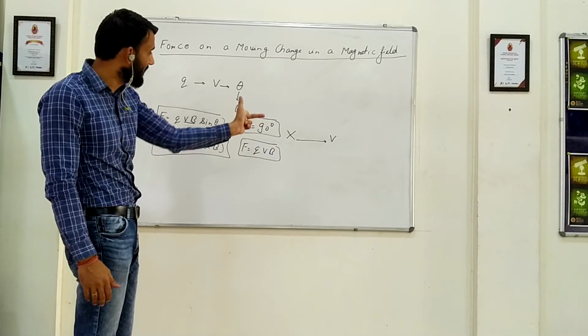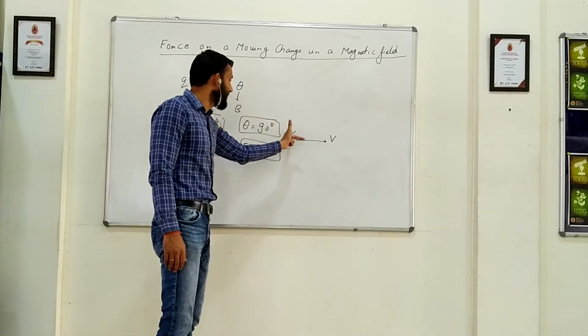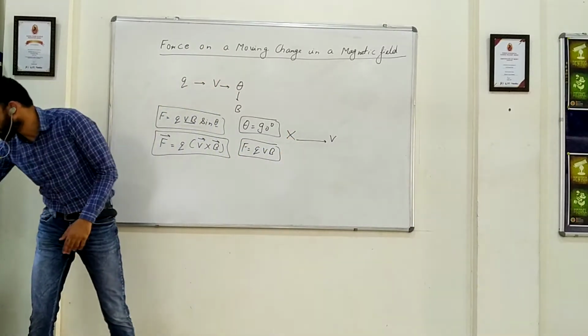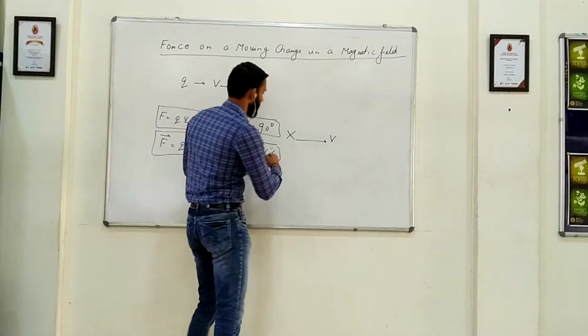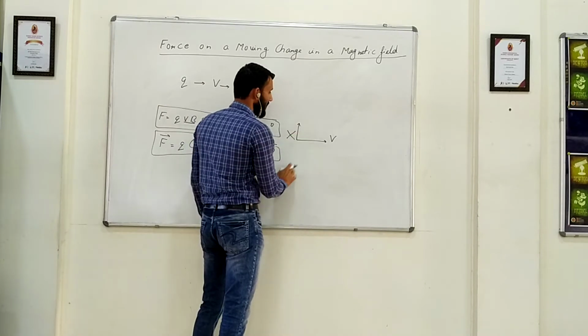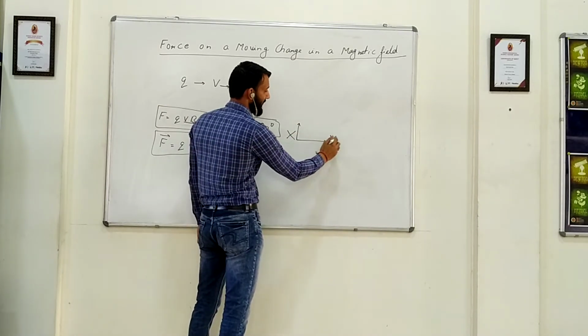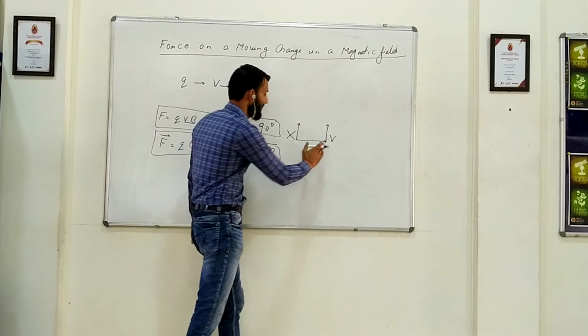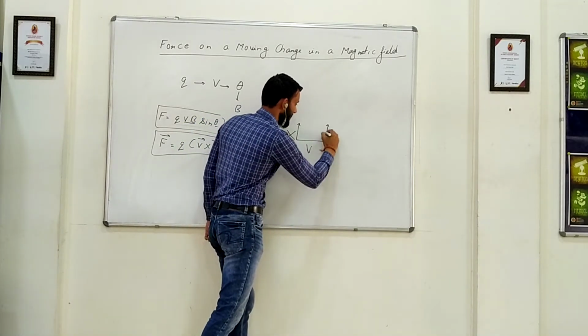And cross magnetic field means inside, so where is the force acting? In the upward direction. So let me draw it like this. Now at this point the velocity is in this direction, and right now velocity moves in this direction.